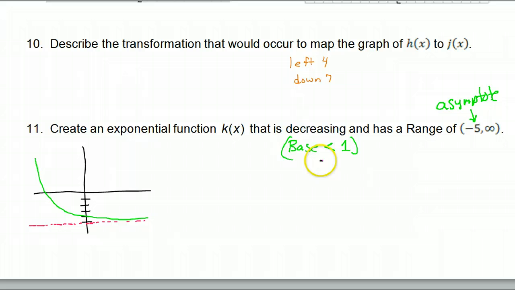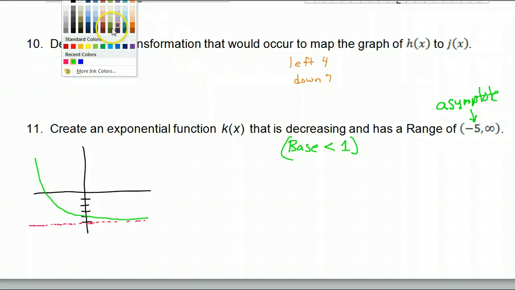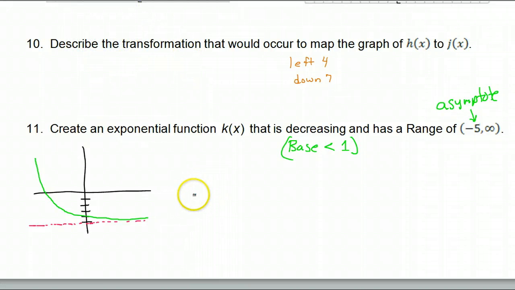Okay, so I just need to make up an equation that satisfies both of these criteria. So here I go. k of x equals, I just need anything with a base that's less than 1. For example, 1/4.